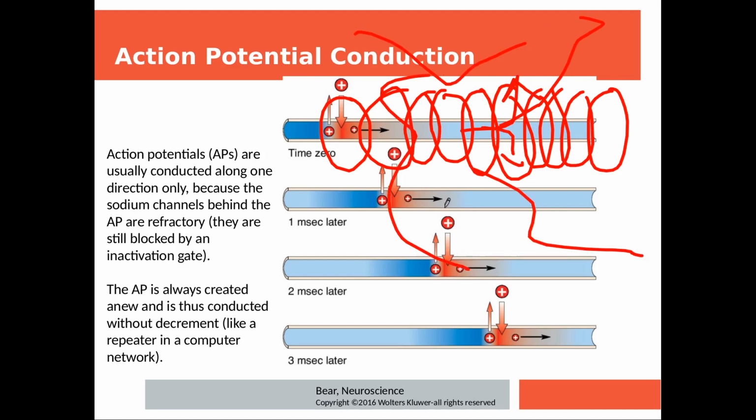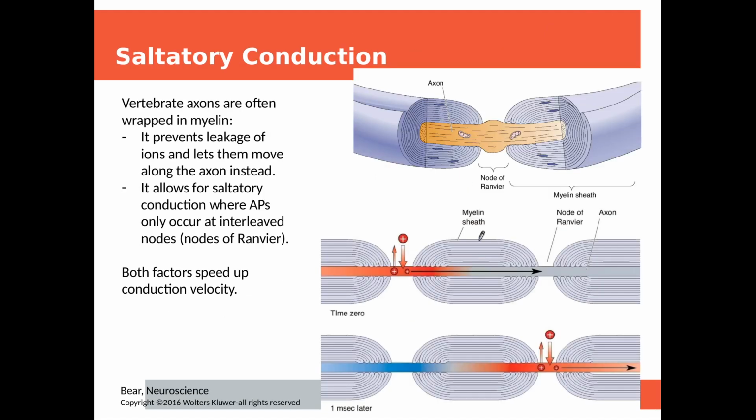So a lot of vertebrate axons are wrapped in this fat, this myelin, to insulate it. And that lets it act more like a wire, basically. It lets the current flow inside without having to have an action potential to keep it alive.